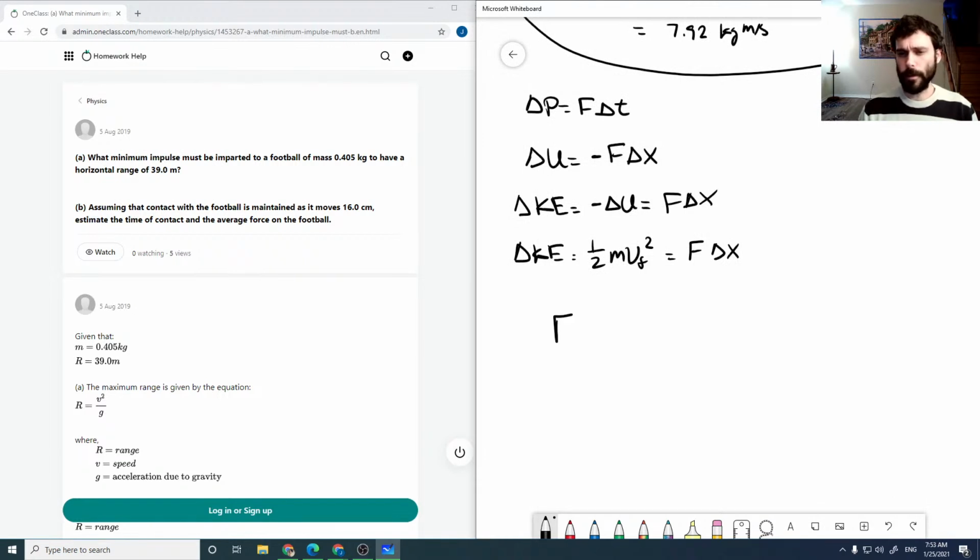So then our force is 1/2 m VF squared over delta X.